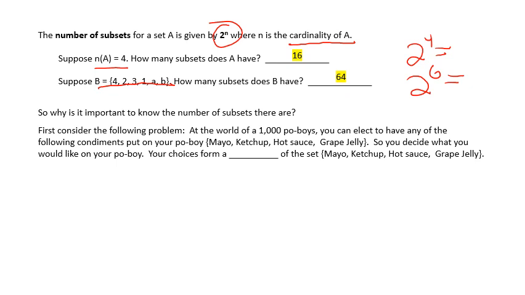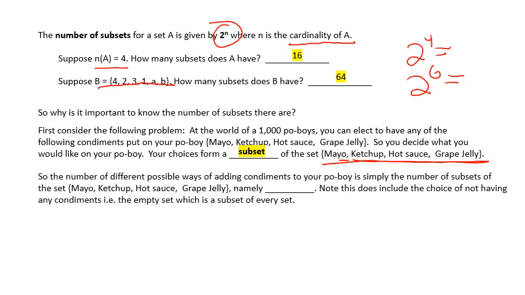Your choices form a, can you fill in that blank? Of the set. Oh, wait. This collection of condiments forms a set. When you pick from this set, you are forming a subset.